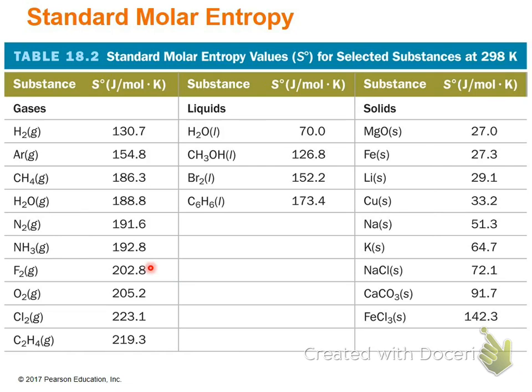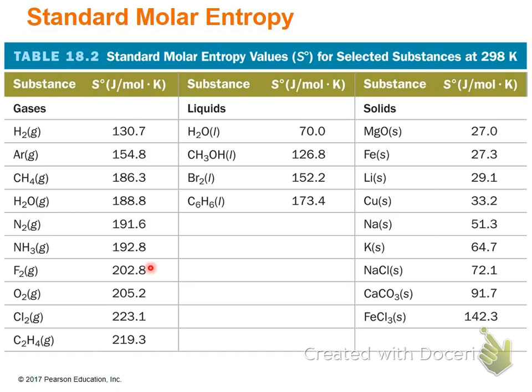So here's an example of different values of standard molar entropy in different physical states. We have solids, liquids, and gases. Do you think that gases would have lower or higher standard molar entropies than solids? It'd be higher, right? Because solids have lower entropy in general, and gases have higher entropies in general.